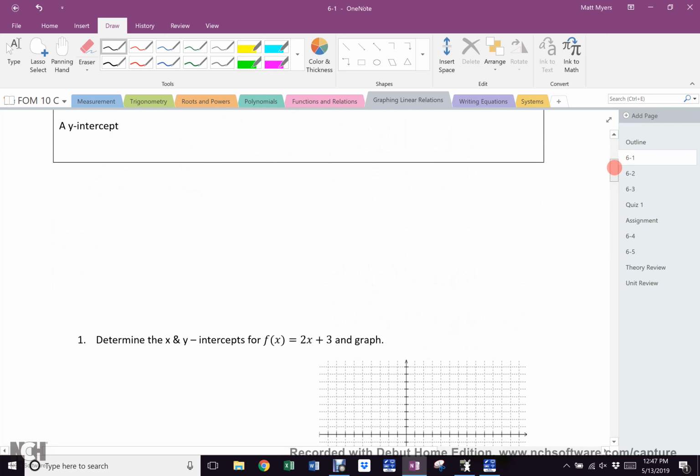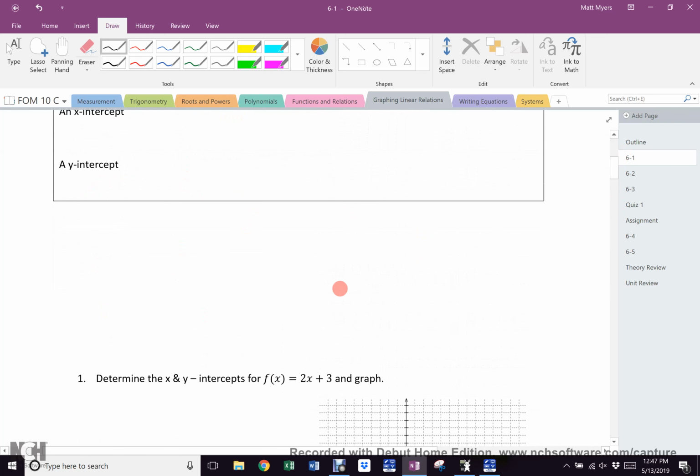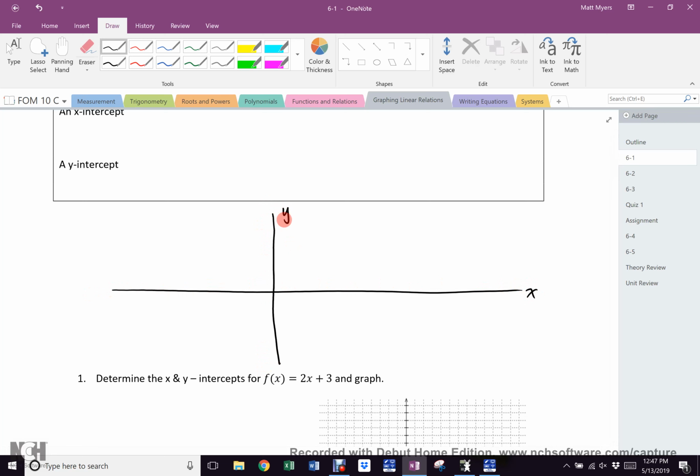Everybody, please, in the blank space, draw one of those. What is this line? X. What is this line? Y. Good. Everybody is cool with that, yes?